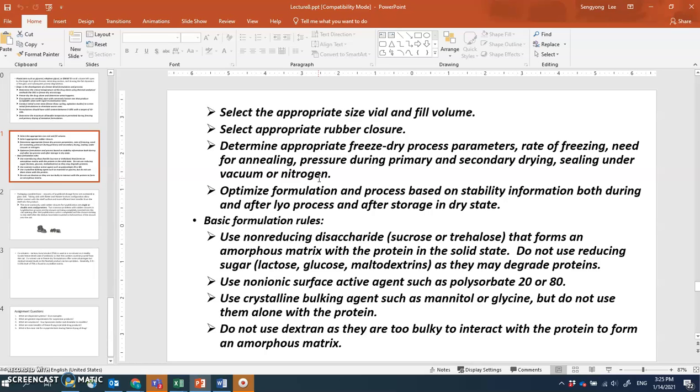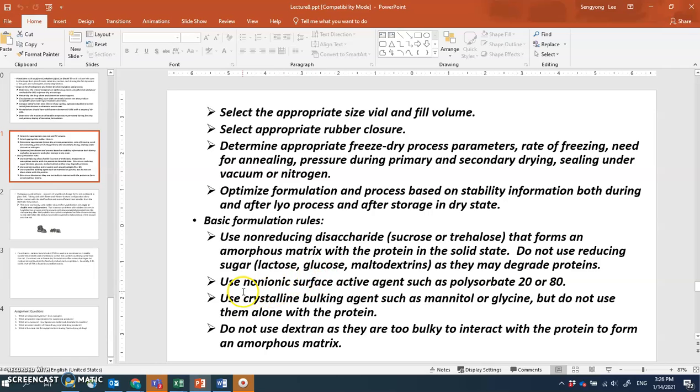And the basic formulation rule, okay, when you develop your formulation method. Number one is try to use non-reducing disaccharide such as sucrose, trehalose first, instead of lactose, glucose, maltose, which are reducing sugar. Okay, they have capacity to donate electrons and change the structure of your drug molecule. So non-reducing sugar are better.